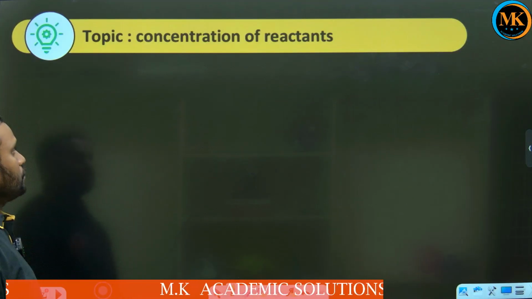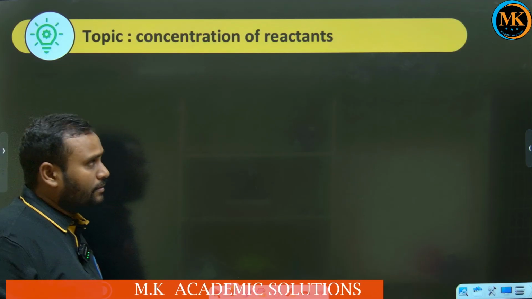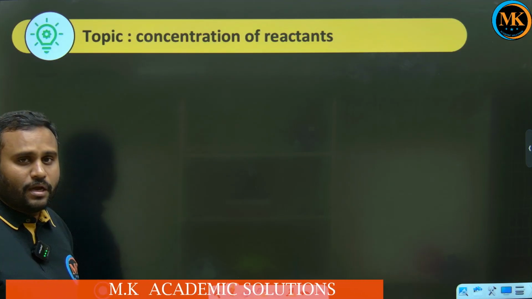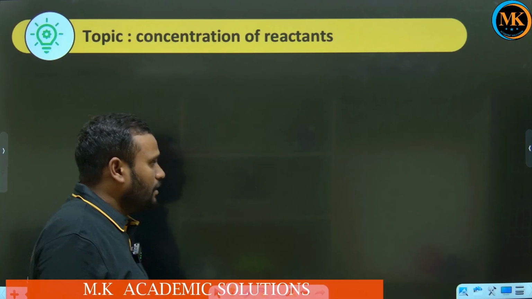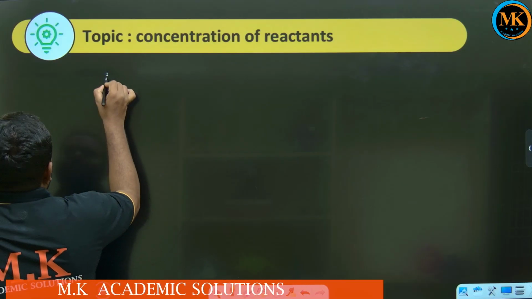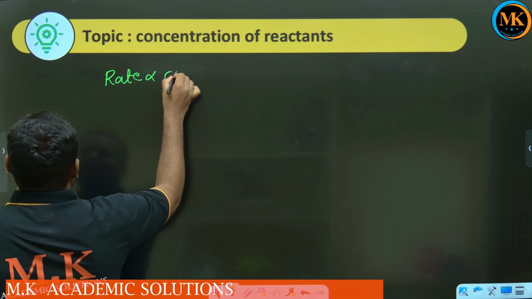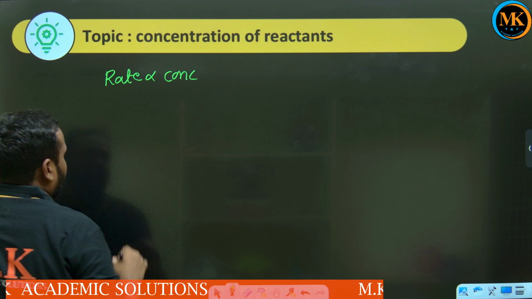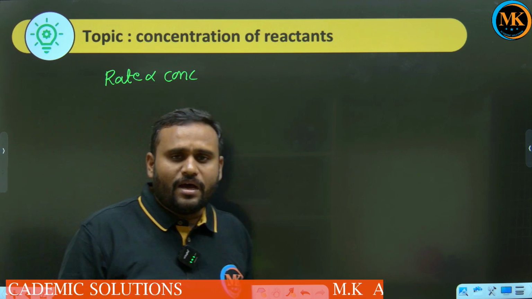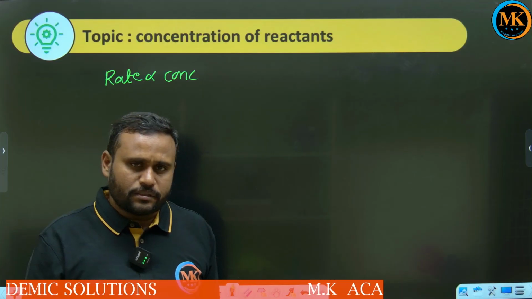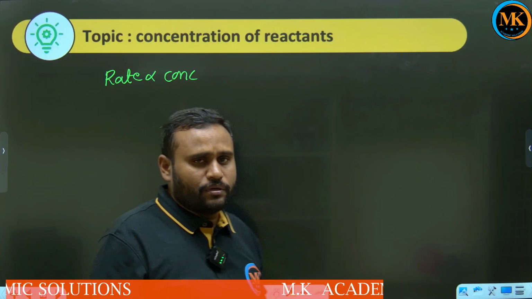Okay, next let us see the effect of concentration of reactants. Here rate is directly proportional to concentration of reactants. So if concentration of reactants increases, rate of reaction also increases.